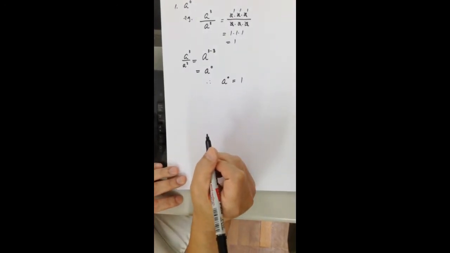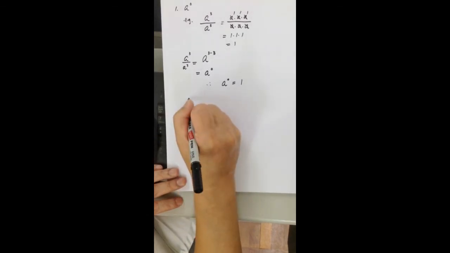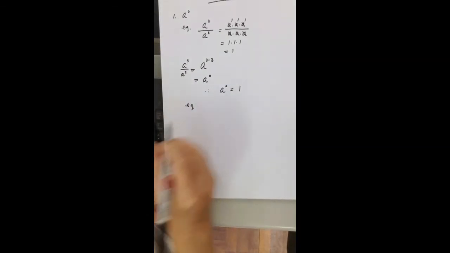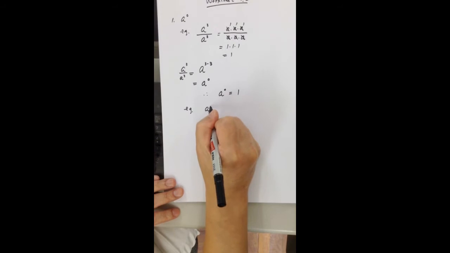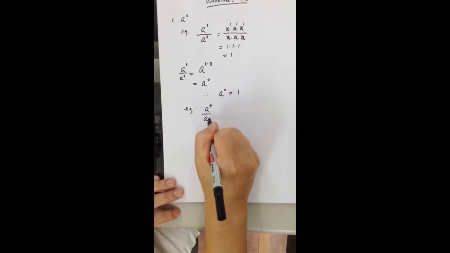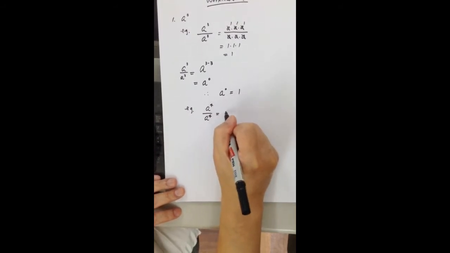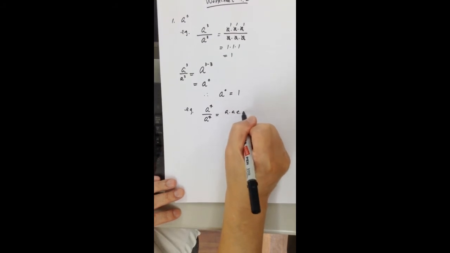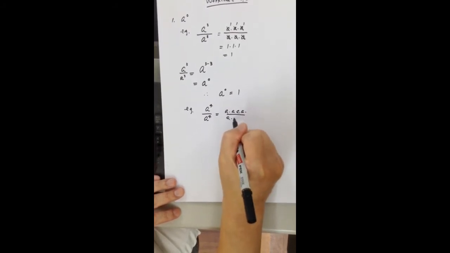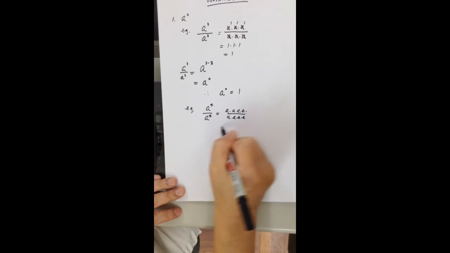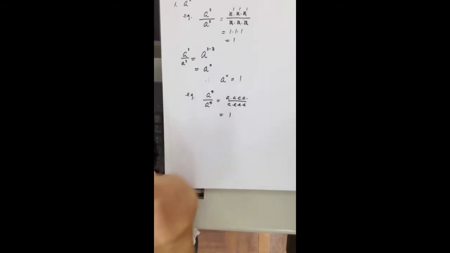Is this really the case? Let's check. Another example, a to the power 4 over a to the power 4. A times a times a times a. Similarly for the denominator, the answer is 1.